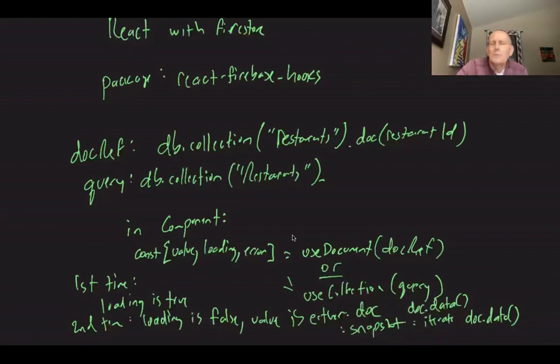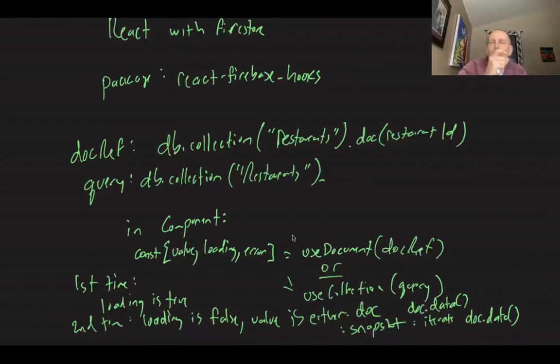But all you do at this point is install the hook. Let's say you're looking at a document, you call use document, and then your component is going to re-render every time any field in the document changes, and you're getting basically a new value for value. And so when you call .data on it, you're going to get the fields of that document.